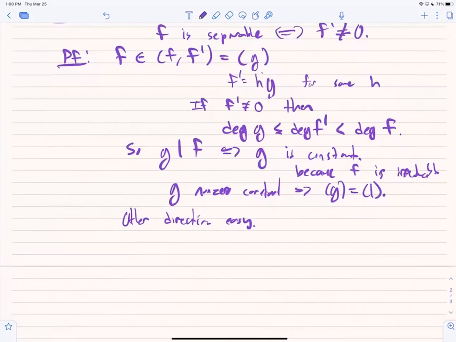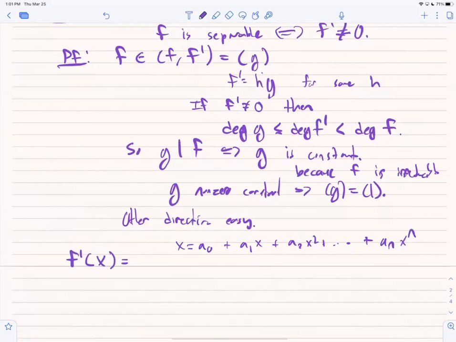Well, now F prime of x. Let me just write it this way.